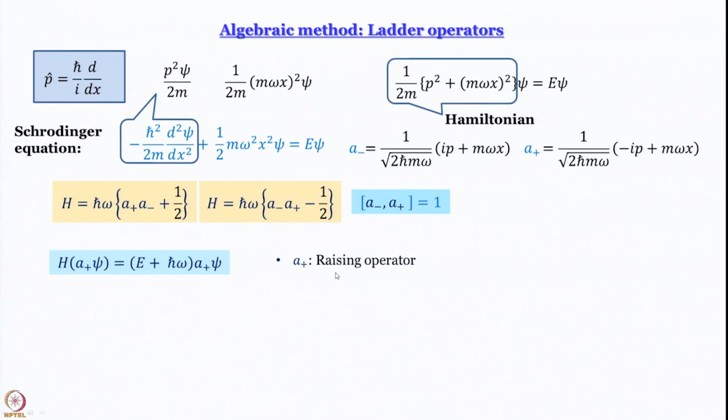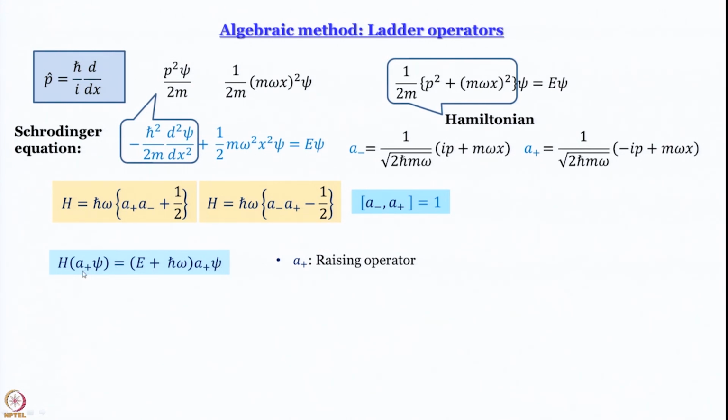Then we came to this question, why is A plus called A plus, why is A minus called A minus? Because we proved that when A plus operates on psi, it produces a wave function which has an eigenvalue of E plus h cross omega. E is the energy of psi, the original wave function.